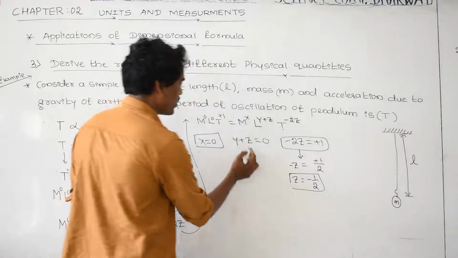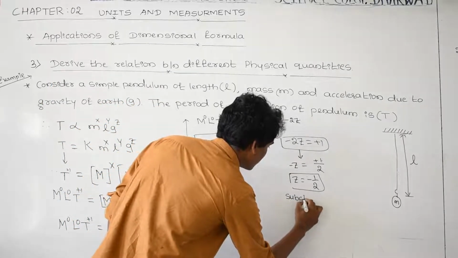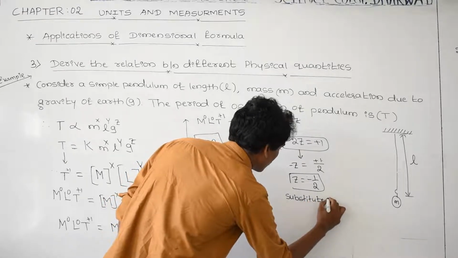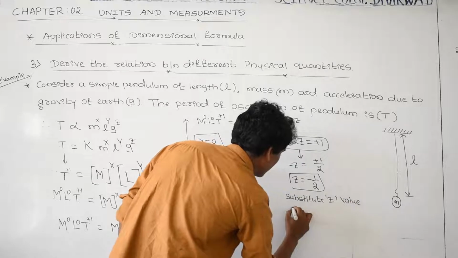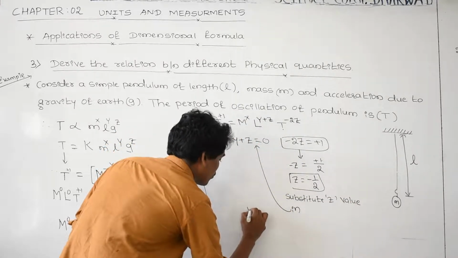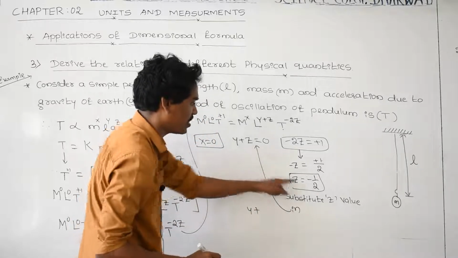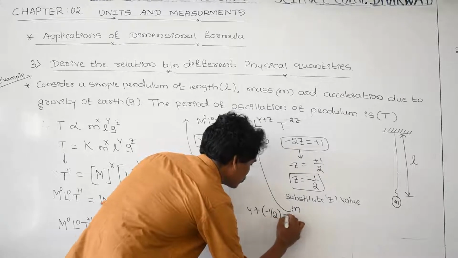And substitute the z value where you have to substitute here. Then y plus, what is z? Z means minus 1 by 2, that is equal to 0.